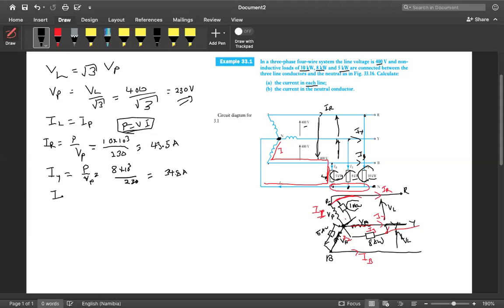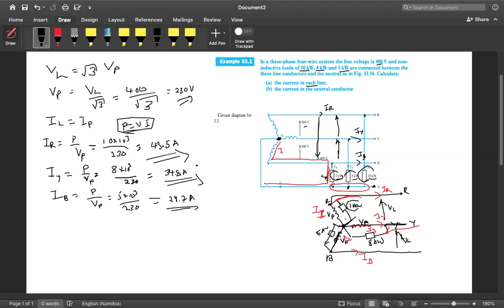Then IB is the power in that phase divided by the phase voltage, and that is 5 times 10 to the power 3 divided by 230. This gives us 21.7 amps. So what we have calculated are the line currents, which are also the phase currents.